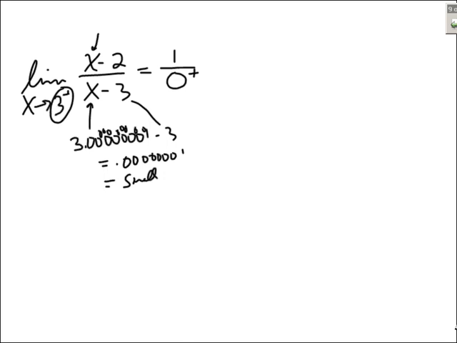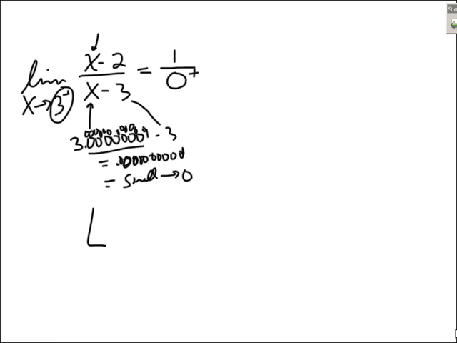That is 3 point, a million zeros. Well, then you're going to get 0.00 a million times and then 1. If that's not small enough, well, get even closer to 3. Put in 2 million zeros. The more zeros you put in, the smaller it gets. This is approaching 0. But it won't ever be 0.